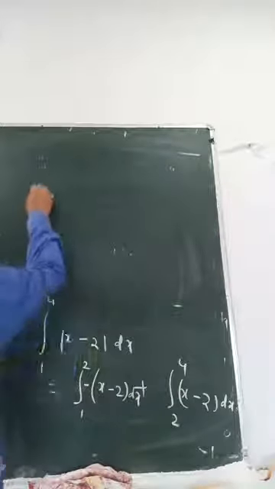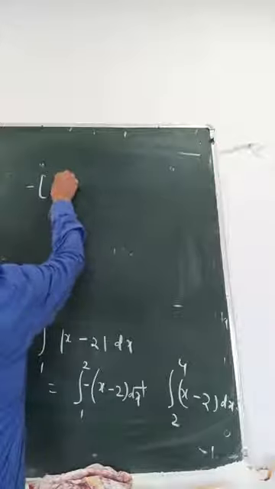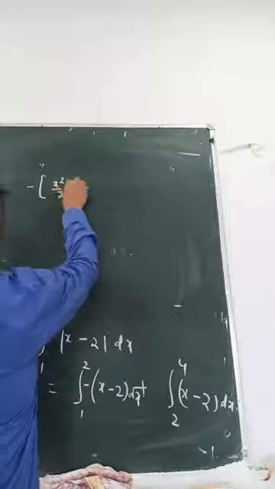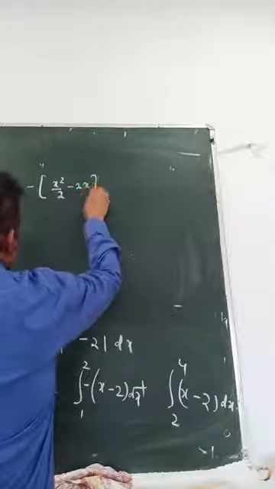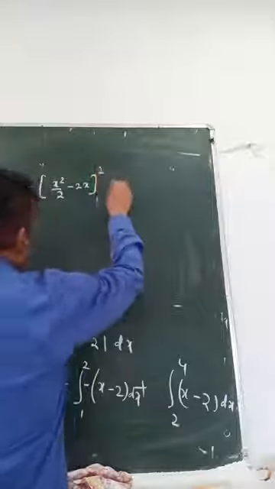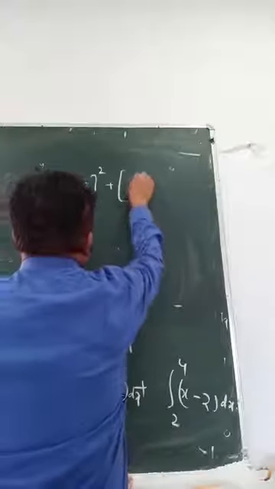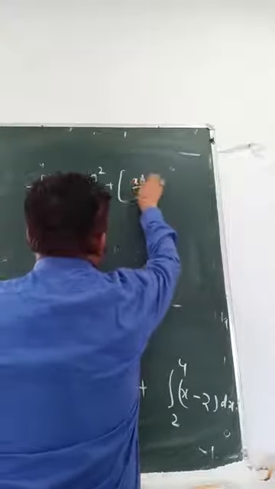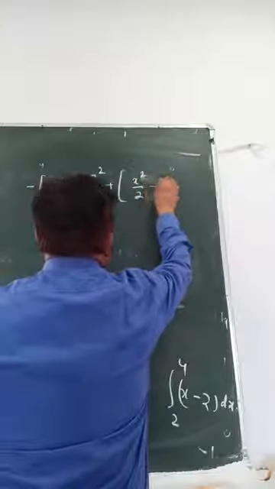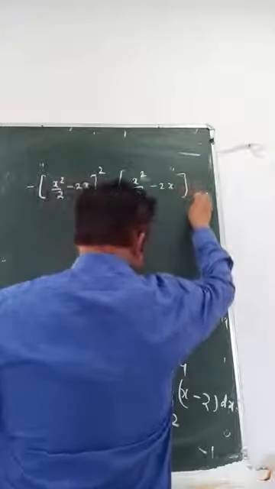So that is minus of x square by 2 minus 2x, from 1 to 2, plus x square by 2 minus 2x, from 2 to 4.